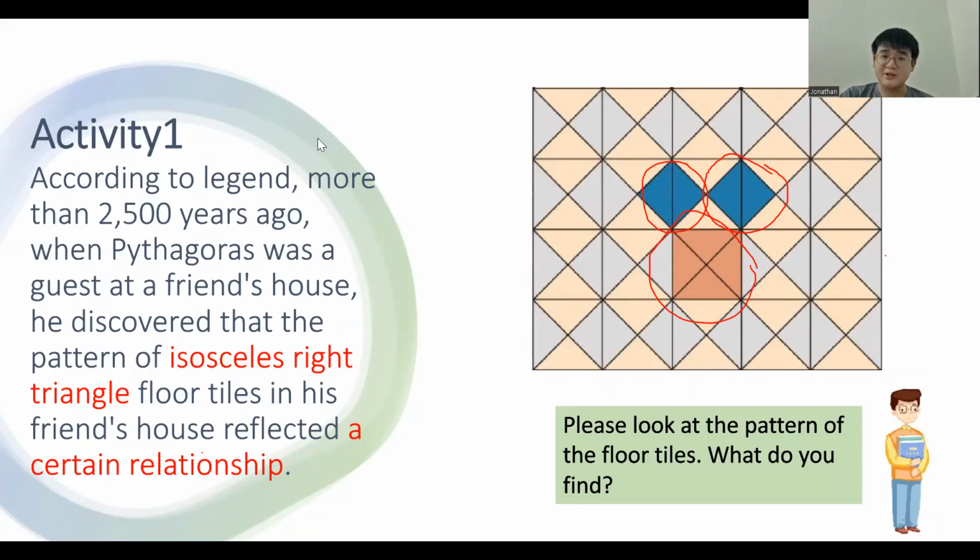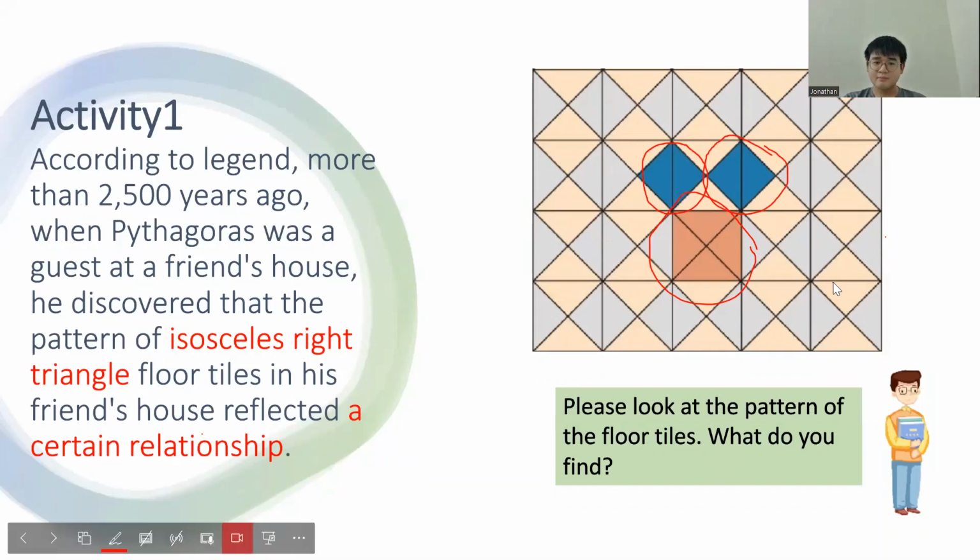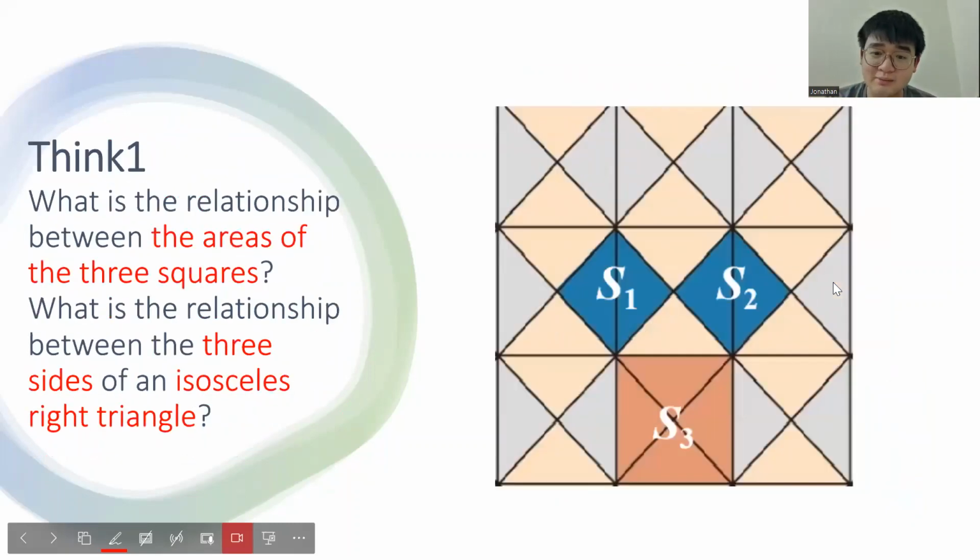So the next thing, since we already know two isosceles right triangles plus two isosceles right triangles equal four isosceles right triangles, we can write, S1, S2, S3 are square 1, square 2, and square 3.